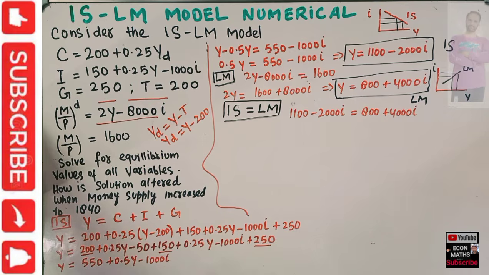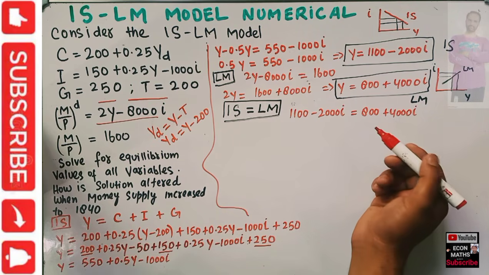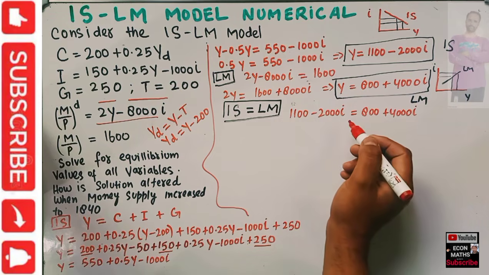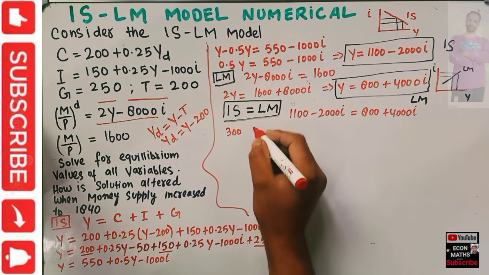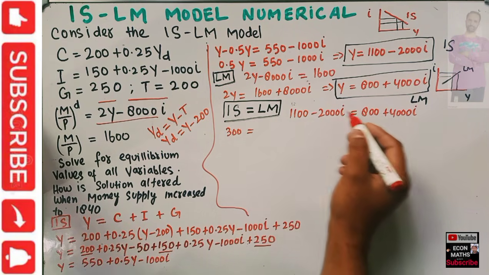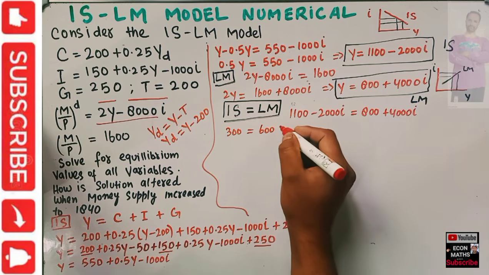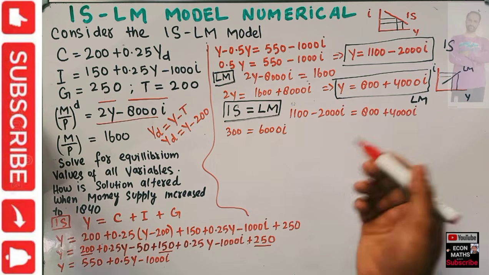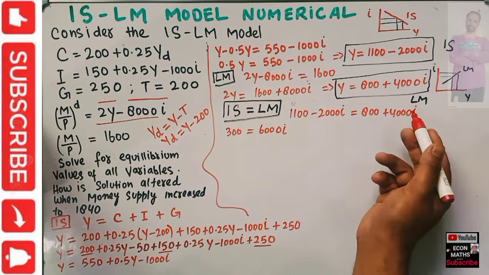Okay, now solving for i, transposing. So if I transpose this here, this is 300 is equal to 6000i. I have transposed this minus 2000i to RHS, its sign changes to positive.